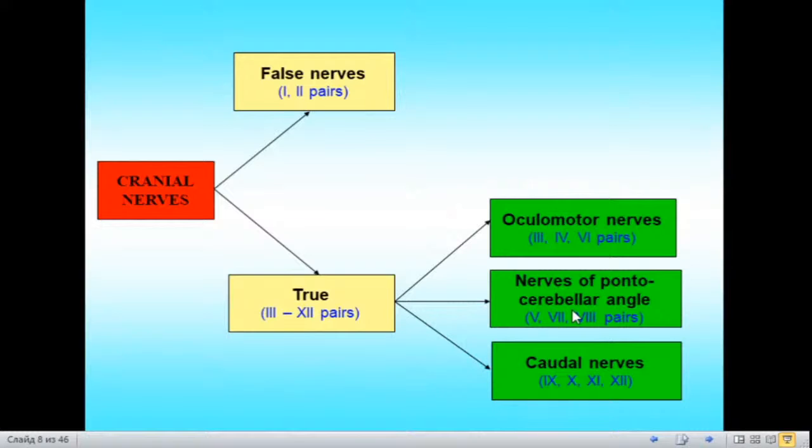Nerves of the pontocerebellar angle, that are the fifth, seventh, and eighth, because these nerves enter or exit the brain in the area of the pontocerebellar angle. And the last group, caudal cranial nerves, because they exit the brain most caudally from the medulla oblongata. They are 9, 10, 11, 12, and partly in the spinal cord.